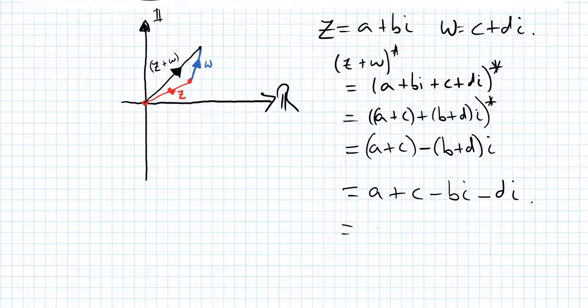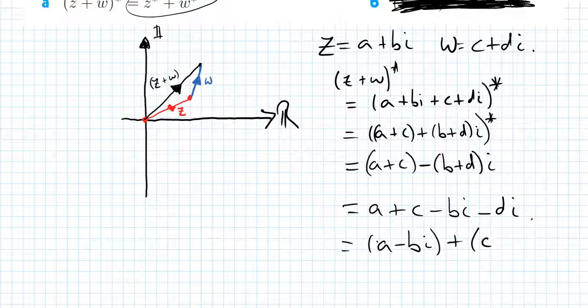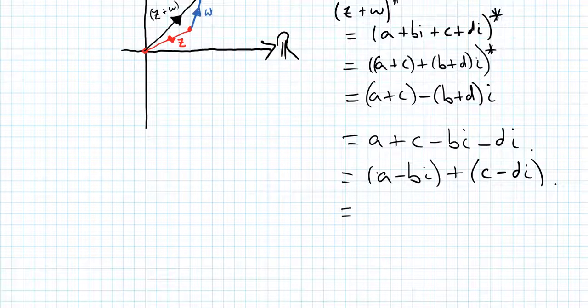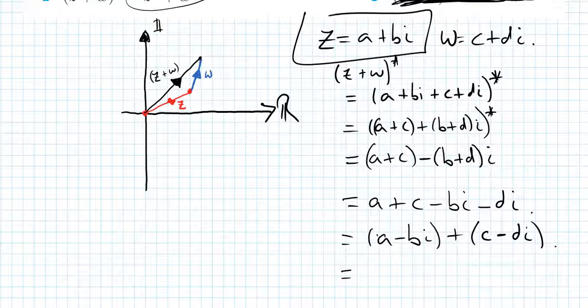Well, we could write the a and the minus bi together, and we could write the c and the minus di together. And of course, a - bi, if z, remember, was a + bi, well, that is z*.